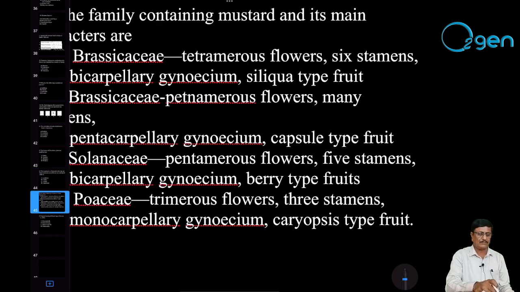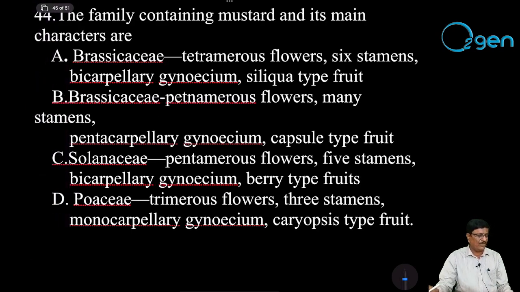Question 44. The family containing mustard and its main characters are. Mustard belongs to the family Brassicaceae.